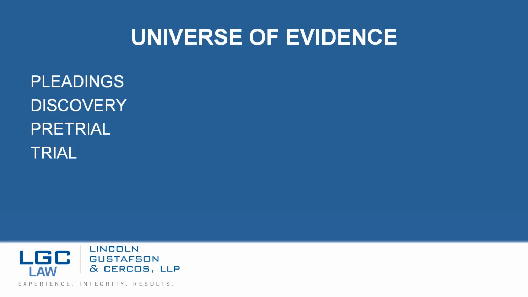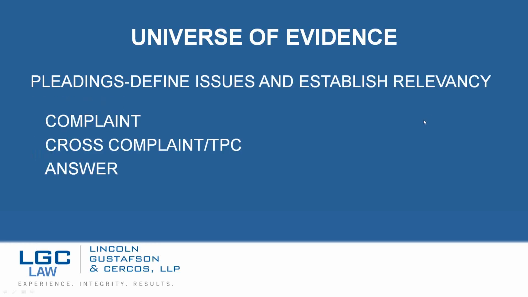And that event is surrounded by lots of facts, the universe of evidence, and after the event occurs, the event is defined in the pleadings of a case, and is flushed out by discovery and then pretrial and trial.